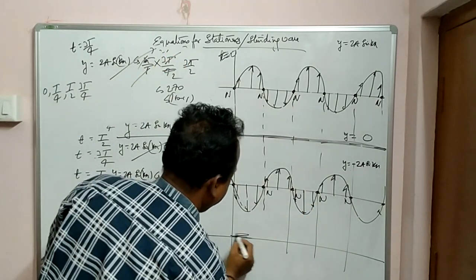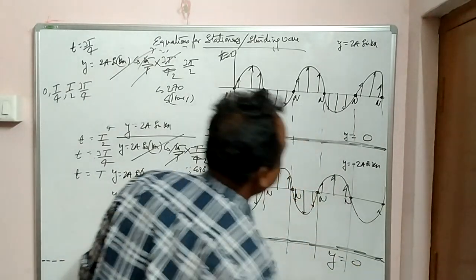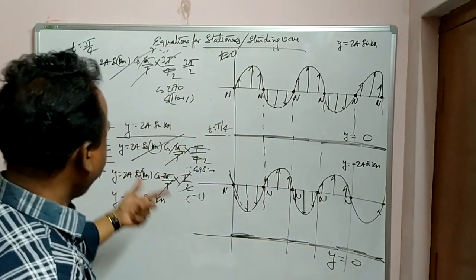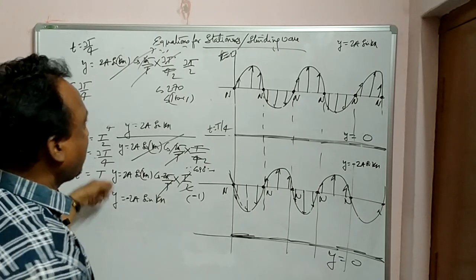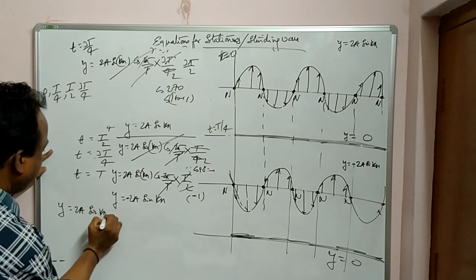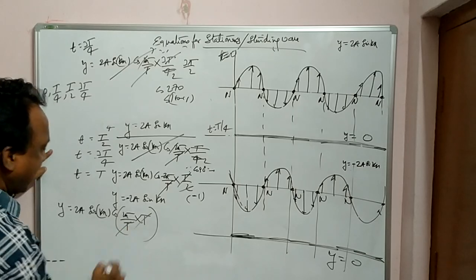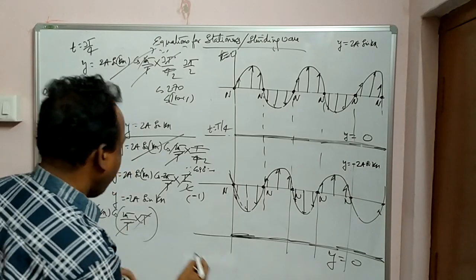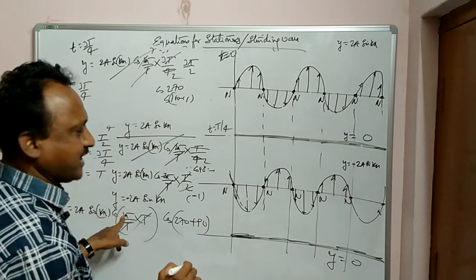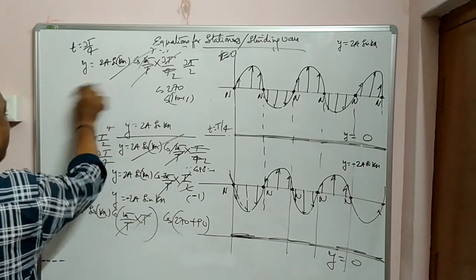Again a straight line, y is equal to 0. You can substitute one more value, the last value t: y is equal to 2a sin kx cos 2 pi by t into t, t cancels, cos 360 degrees. Cos 360, 270 plus 90 is 2 pi, that is 360. Look here, I am doing the fourth quadrant for you.